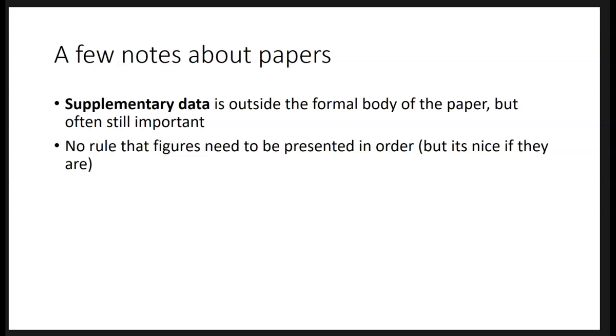However, it also makes a lot of the data available only in the separate part of the paper that you also should read if you want to understand all the data. Right? So the supplementary data, even though it's not in the formal body of the paper, it's still important for understanding what the authors are presenting.